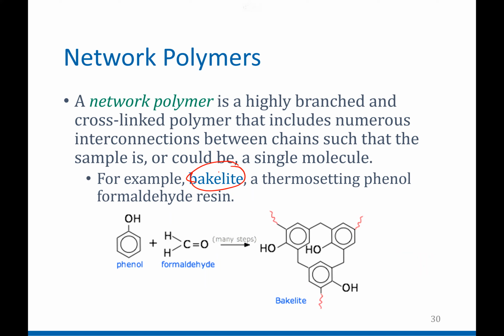It's so well networked that it becomes almost a solid, a very, very strong solid. I don't know that bakelite is used a whole lot in modern times, but if you Google bakelite, you can see pictures of it. In its rawest form, it looks almost like a crystal, like a gem. But anyways, that's just an example of that.